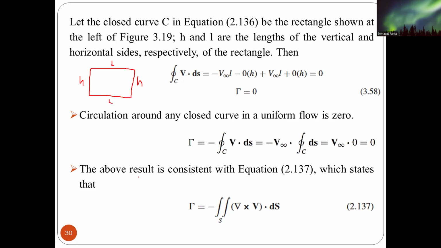The above result is consistent with our previous equation, provided in the previous chapter. This is what we call the divergence of velocity. Not divergence, but the gradient of velocity. The velocity gradient dot ds is also 0.